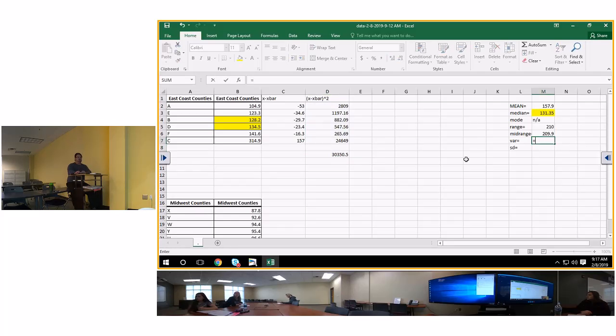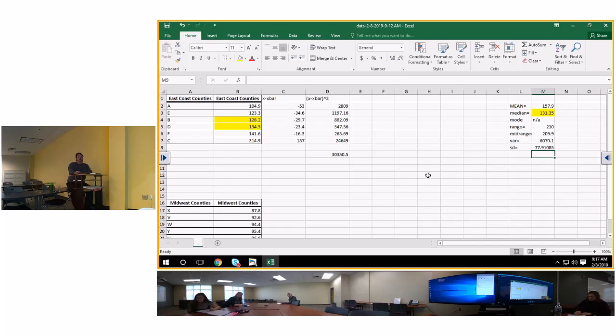So equals this divided by, what's 6 minus 1? 5, Hubert. Thank you, class. So there's the variance, and then raise that to the what power? 0.5 power. And there is your standard deviation.